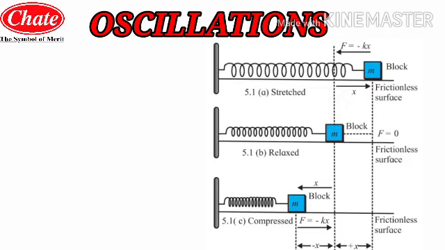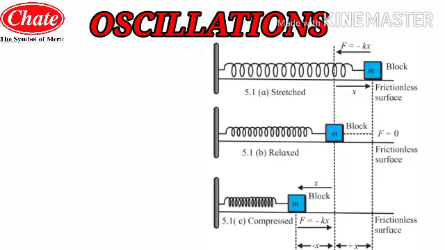One more thing you have to observe here is that the surface on which the block is moving and the spring is lying is a frictionless surface. Only the block touches this frictionless surface.